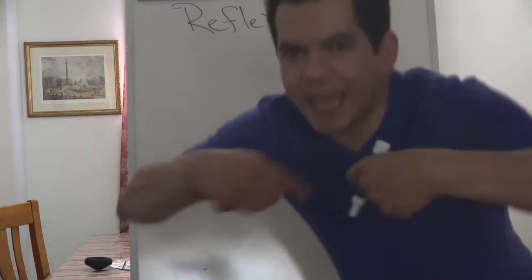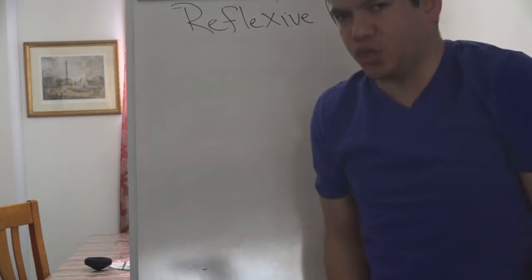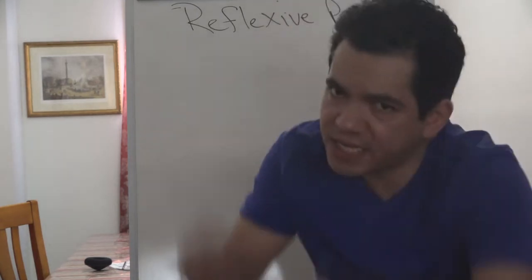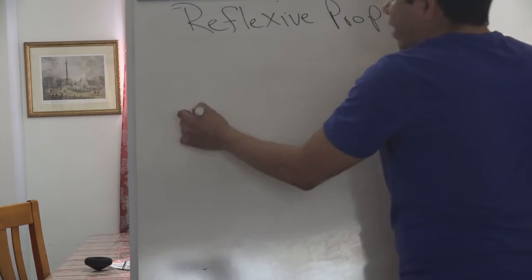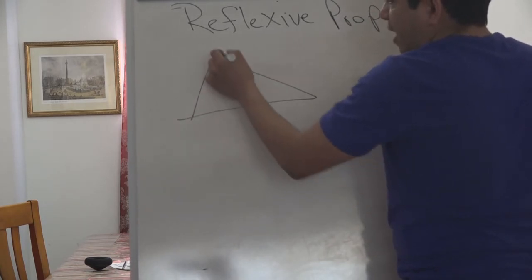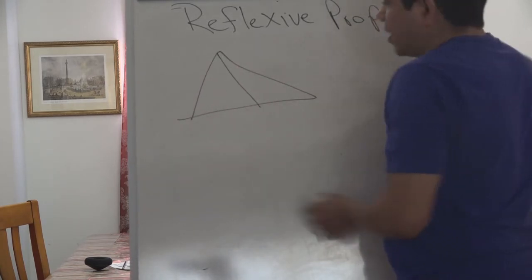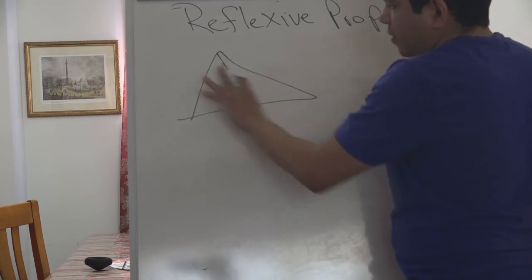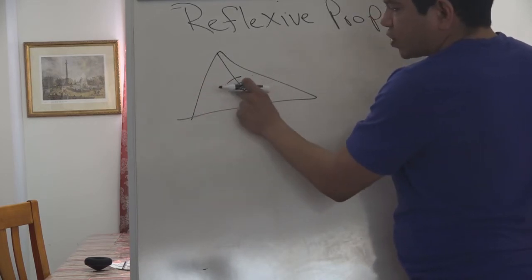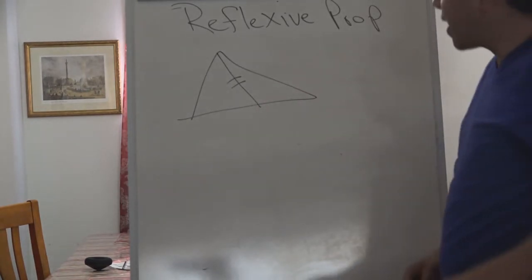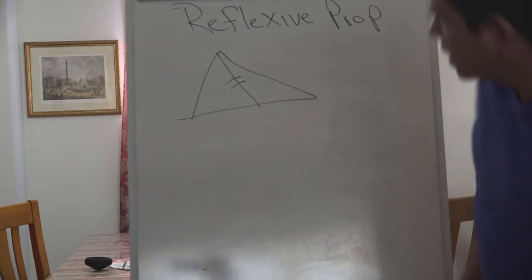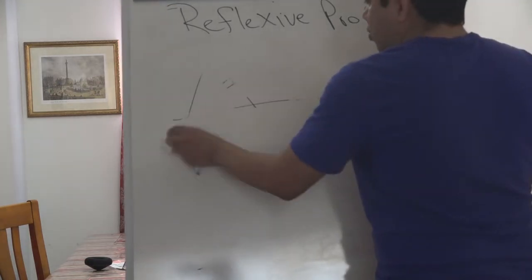Reflexive property. I am equal to me. You are equal to you. A is equal to A. B is equal to B. And it's usually used when you want to share sides of a triangle. Like this side is a side of this little triangle, and it's also a side of this other triangle.